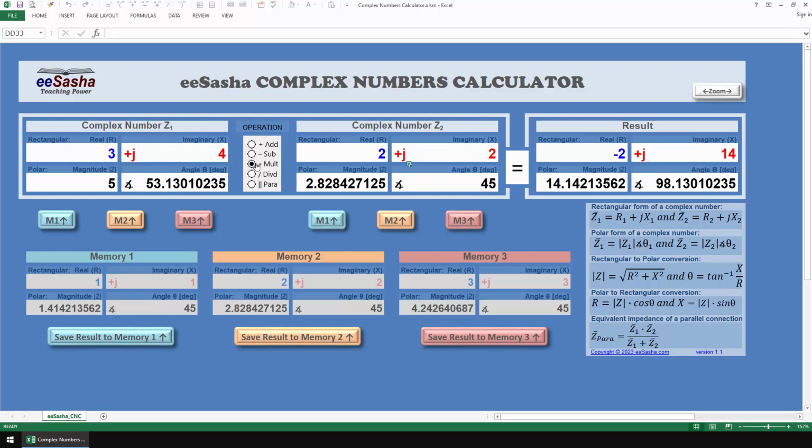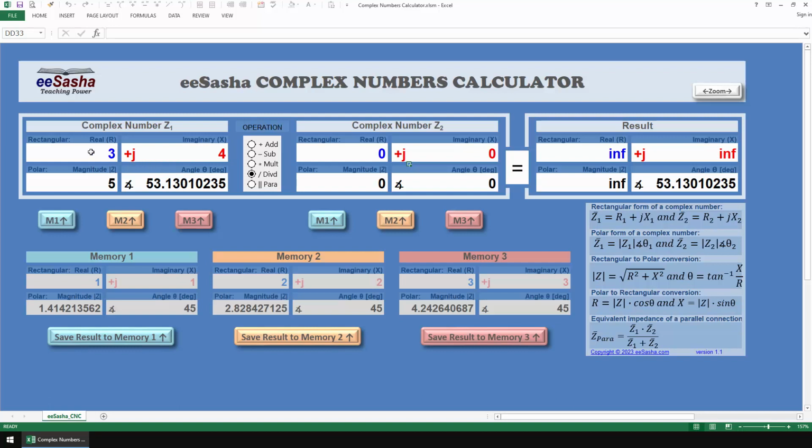By the way, any complex number can have positive or negative real and imaginary components. Magnitude is normally always positive, and then the corresponding angle would be between the range of minus 180 to plus 180 degrees. When it comes to division, if I have 0, for example, as my number, the result will be infinite, and the angle will be the angle of my complex number Z1.